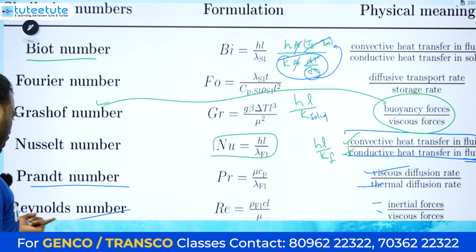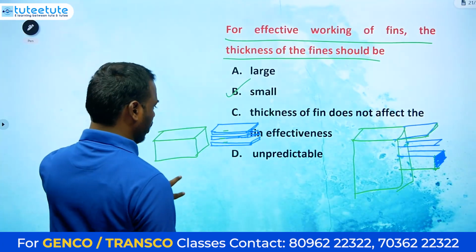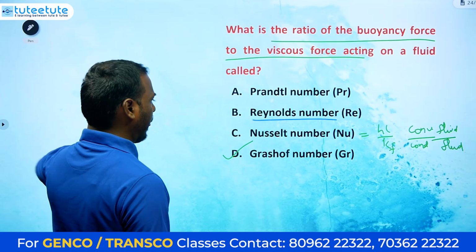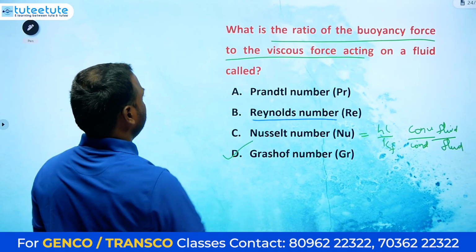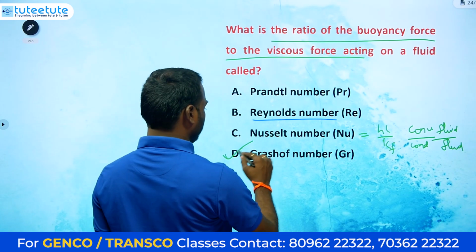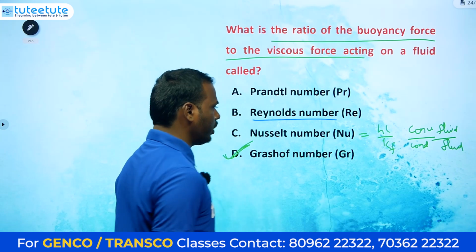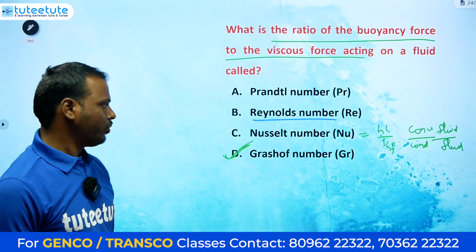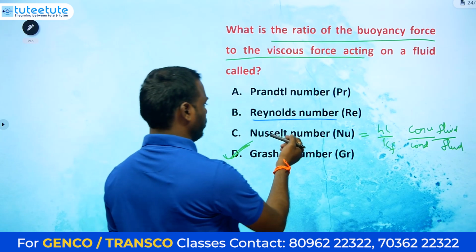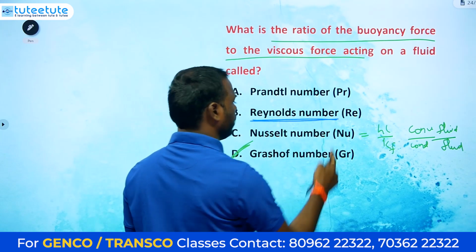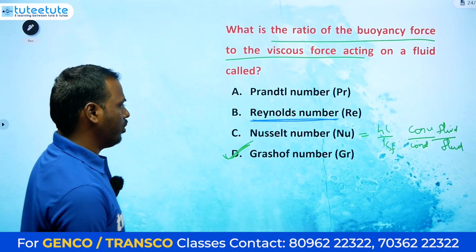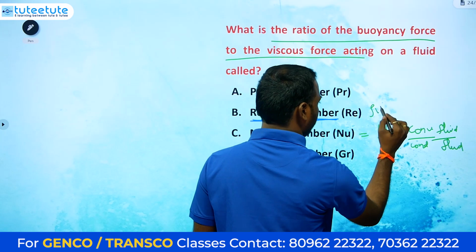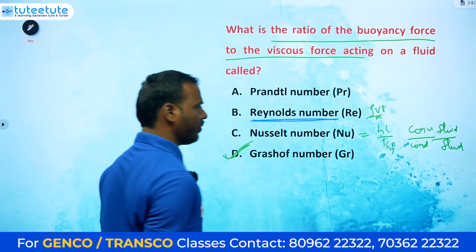Just remember all these numbers. So the solution is Grashof number. Prandtl number, you know that. Reynolds number is rho VL by mu. You need to remember the formulas also.